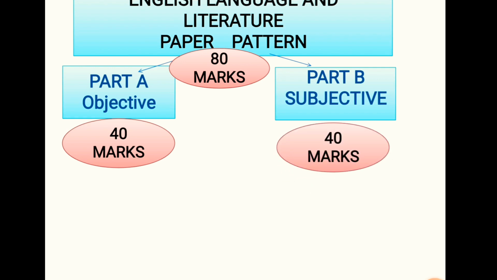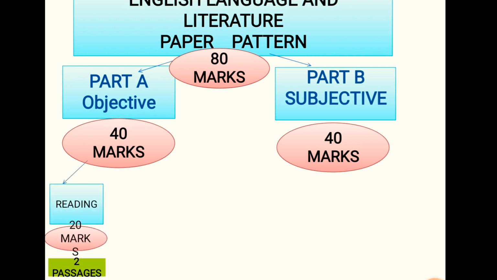So here we see that there is an equal weightage given to the objective and the subjective part of the examination. Now let us see under Part A objective what all do we have. For 40 marks we have reading passages, 2 passages for 10 marks each, making it total 20 marks for 2 passages.